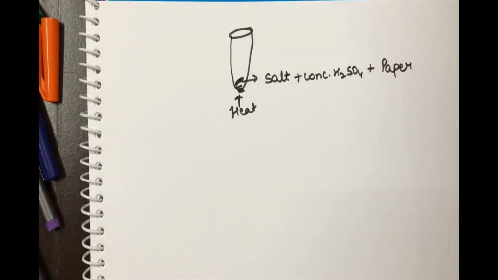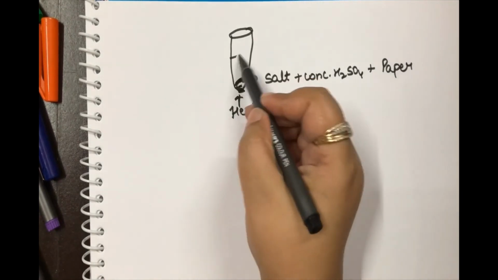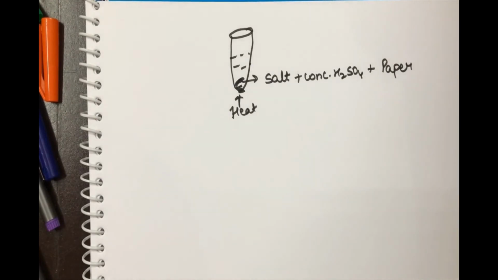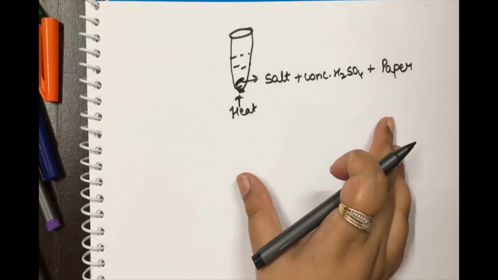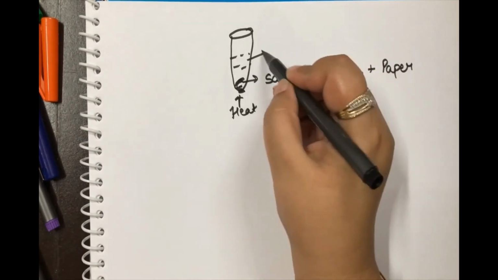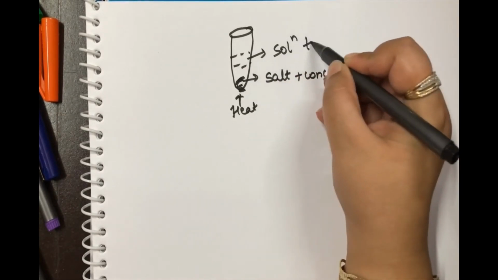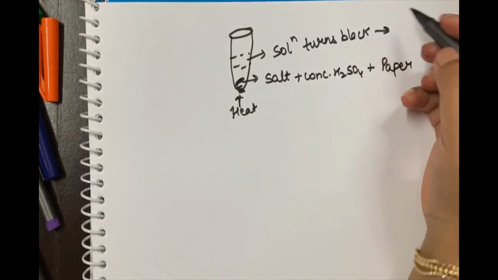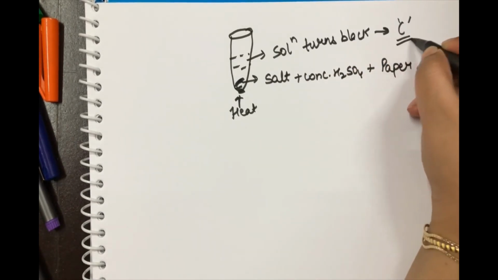Now in case you find that the solution is turning black, remember what I am saying. If the entire solution is turning black, it is not the gas. I told you in anion analysis, we are concerned about the gases that are being released. So if the entire solution turns black, it is nothing but just the carbon which is used up.